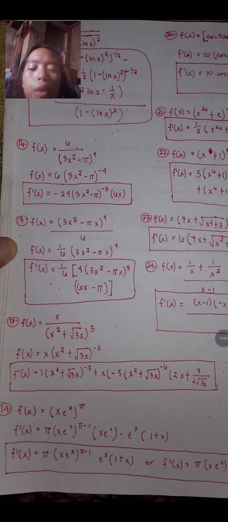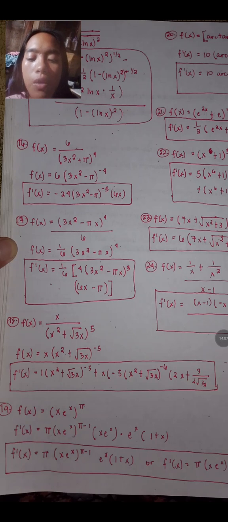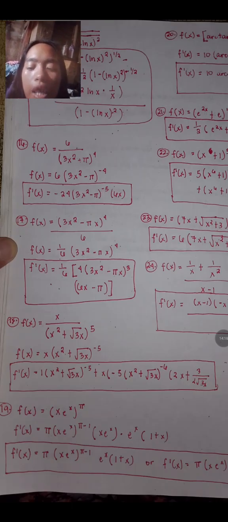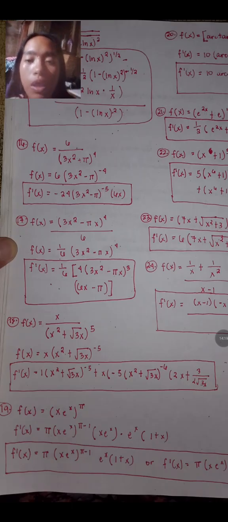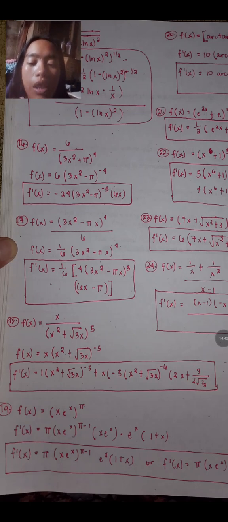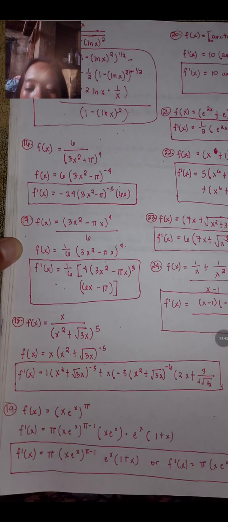We can change this into a simpler form, which is x times the quantity of x squared plus the square root of 3x raised to negative 5, and then we can get its derivative, which is 1 times the quantity of x squared plus square root of 3x raised to negative 5 plus x times the quantity of negative 5 times the quantity of x squared plus square root of 3x raised to negative 6 times 2x plus 3 over 2 times the square root of 3x. So we are now in number 19.